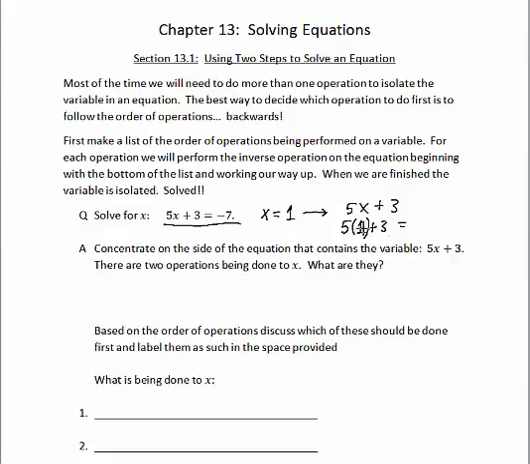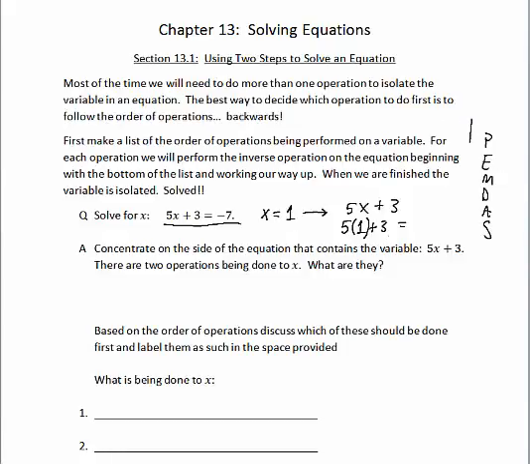With respect to the 1 now, there are two things that we have to do. We have to multiply by 5, and then we have to add 3. And according to the order of operations, please excuse my dear Aunt Sally, we start with parentheses, grouping symbols, and then we work our way down.